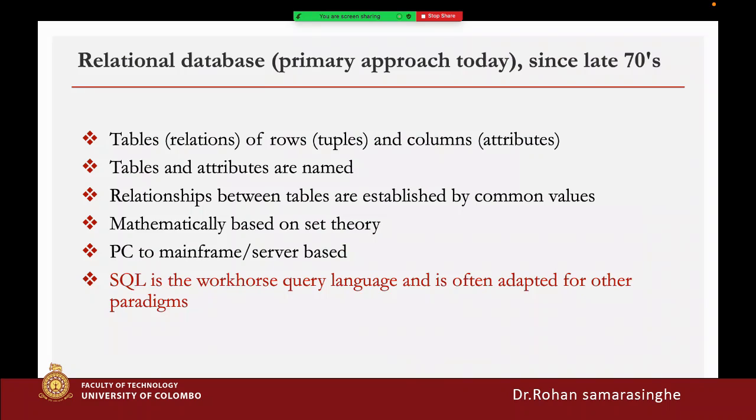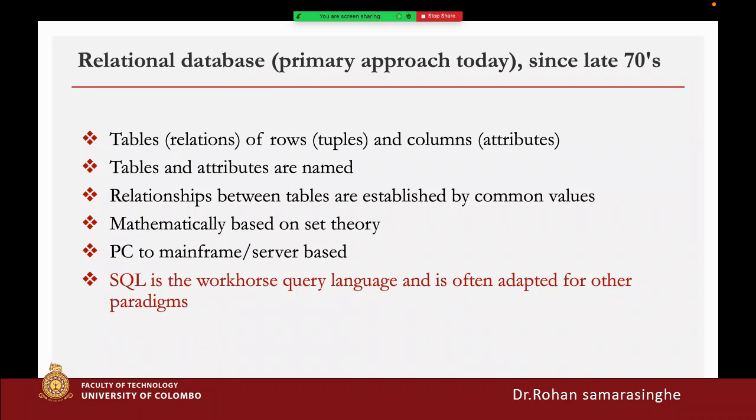These tables are normally called relations, and consist of rows, normally called tuples, and columns, called attributes. A table consists of rows and columns. Rows are called tuples, columns are called attributes.